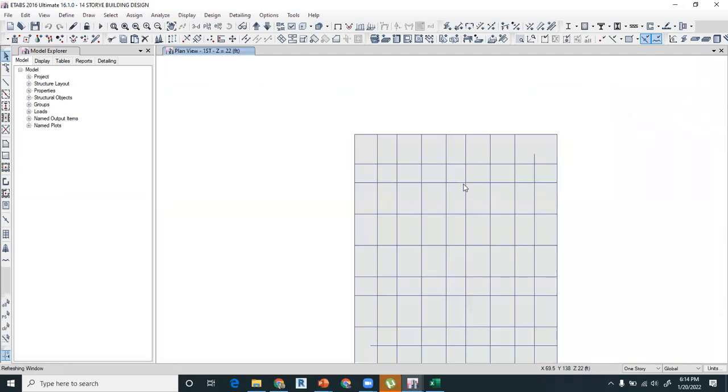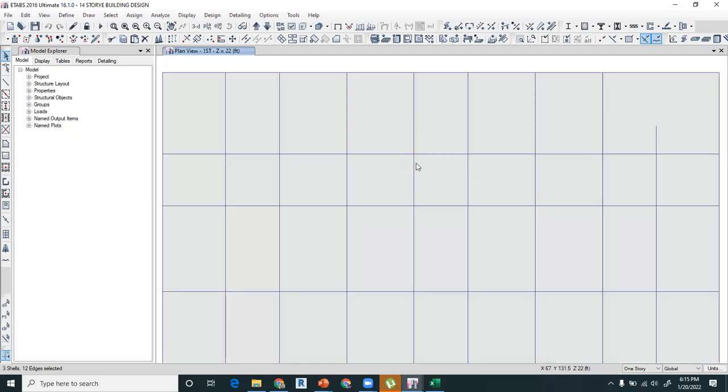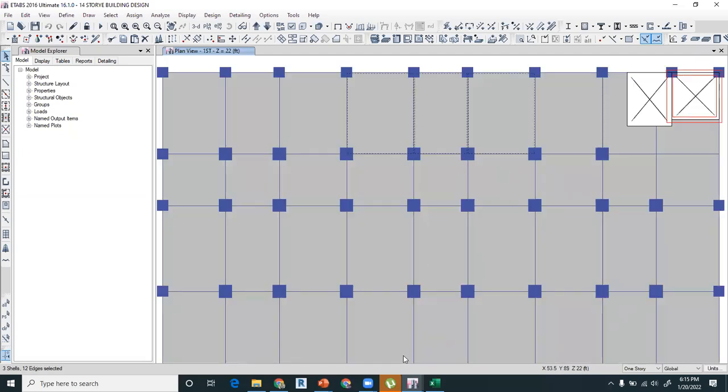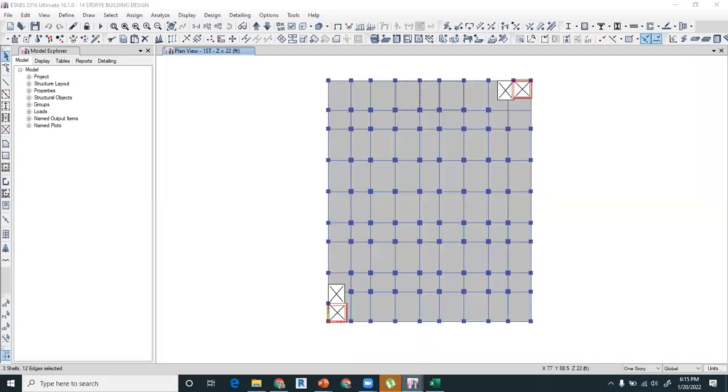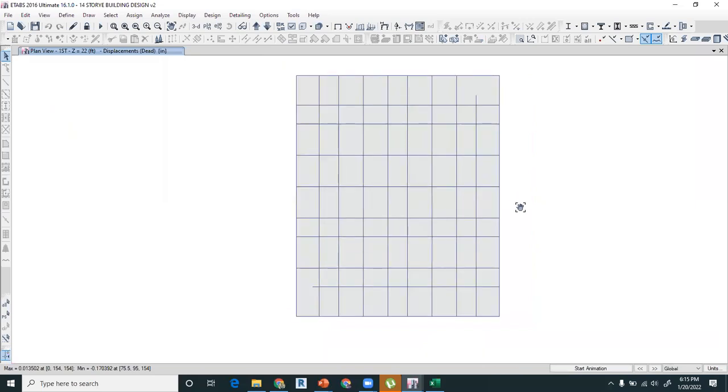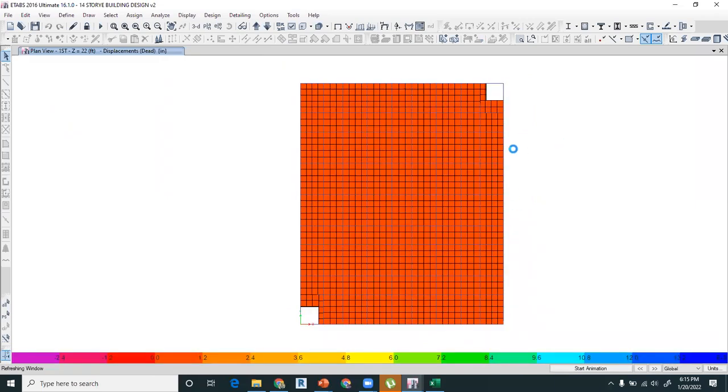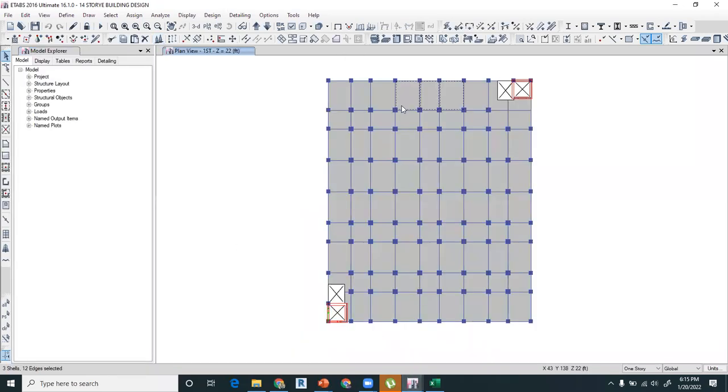So I have already applied these loads on another model, because we will be running this model, and it will take a lot of time. So this is the other model in which I have applied these loads. To save time, I saved it as the previous model, and then I ran the analysis to go to the analysis results like the drifts and irregularities, right?